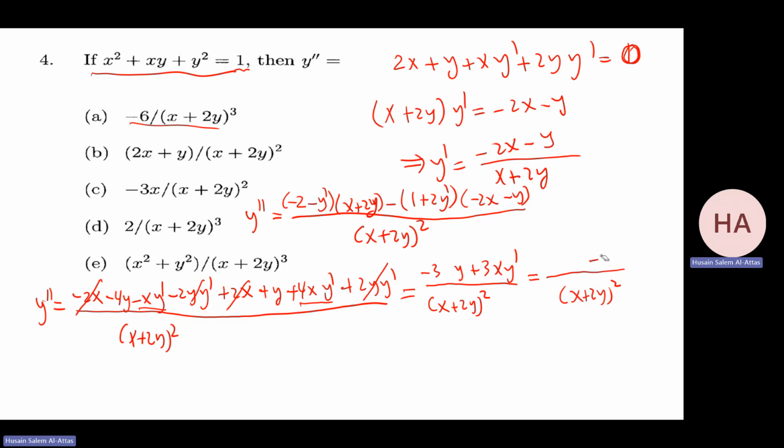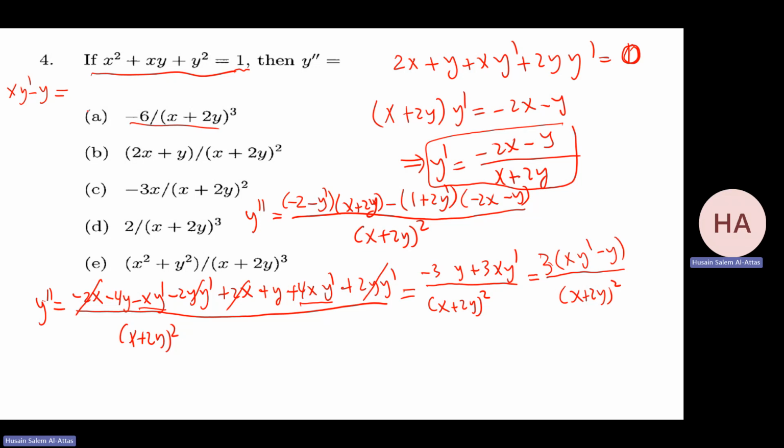So that will give me 3x y prime minus y. Okay, I can do xy prime aside. xy prime minus y will be what? I will use this, but I can plug it here.